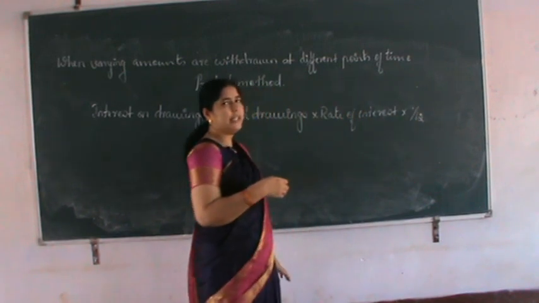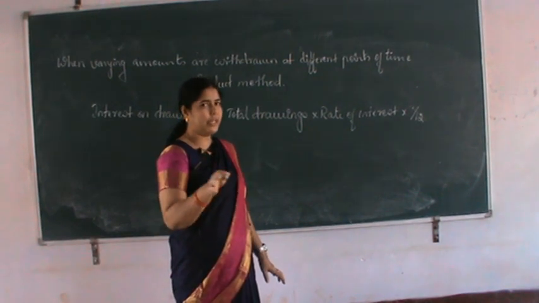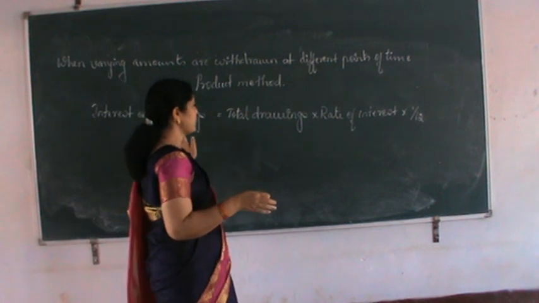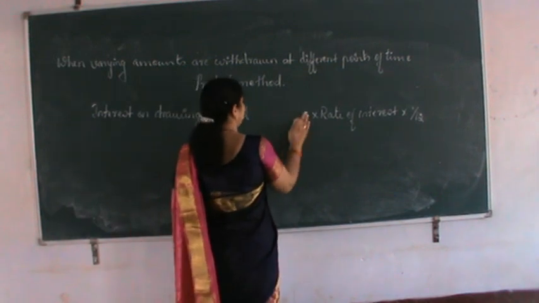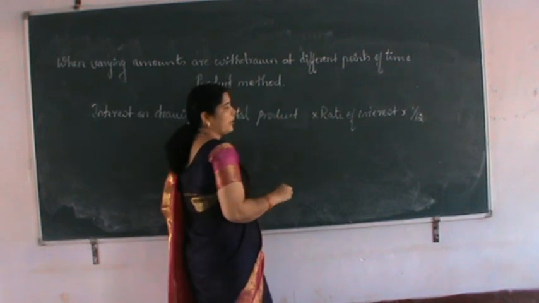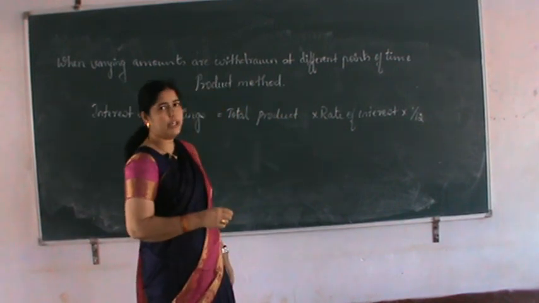In this method, we need not calculate the average period. So the total interest on drawings will be total product into rate of interest into 1 by 12.